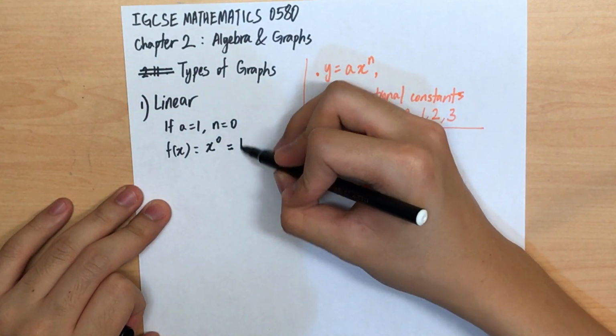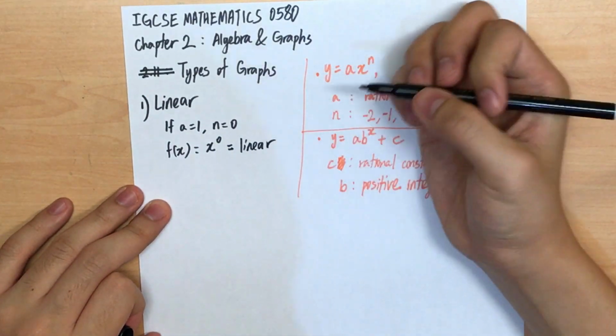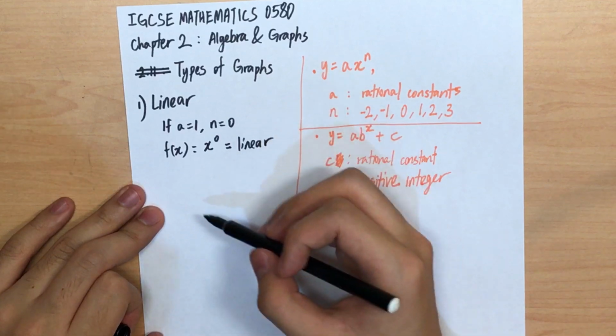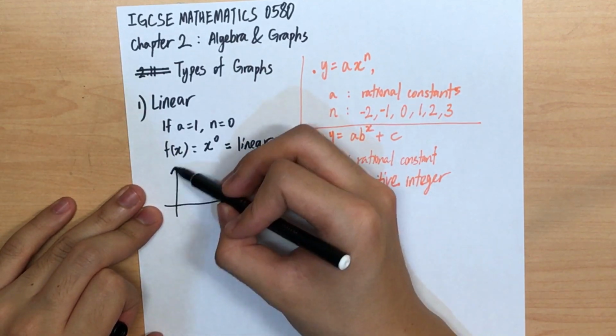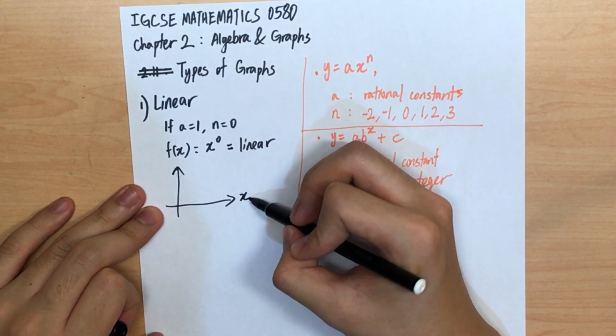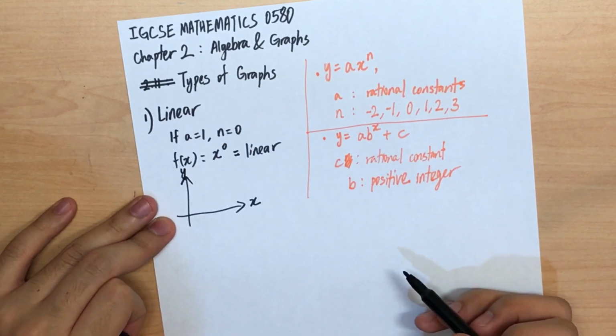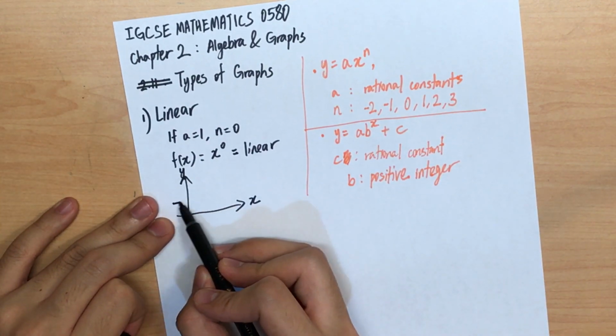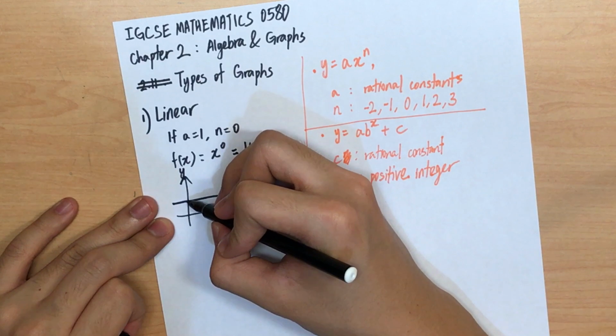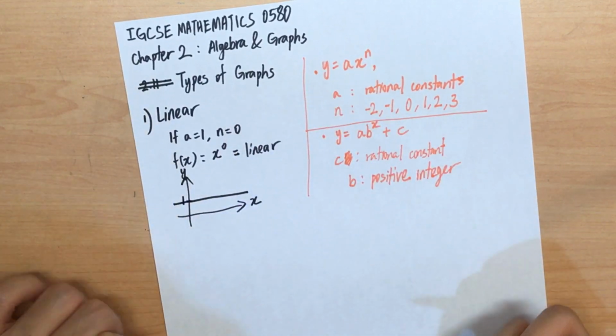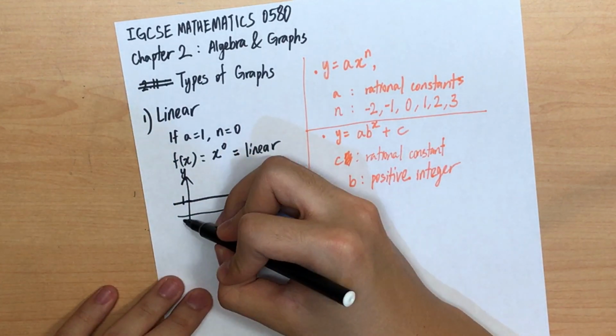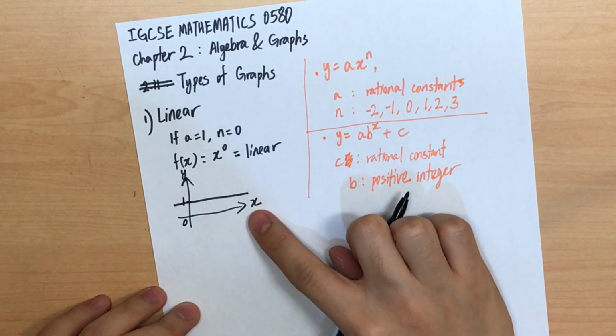On the x-axis and y-axis, the graph will always be a straight line, and here is 1. This is the origin.